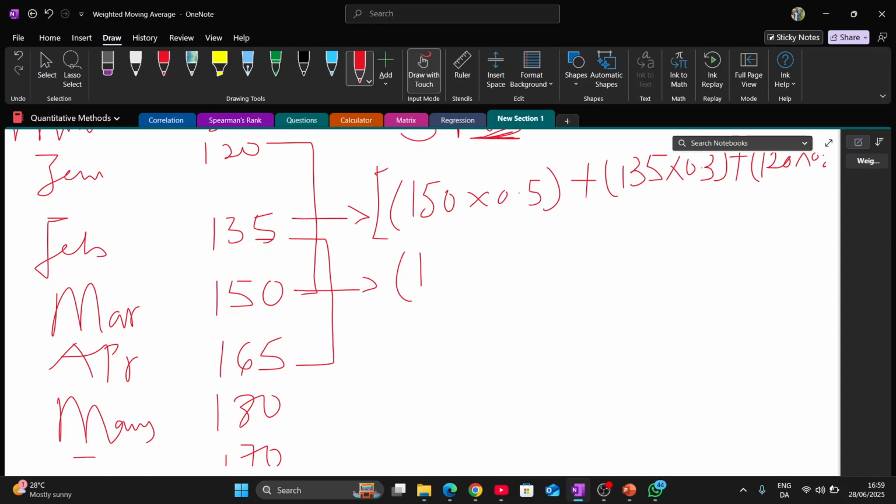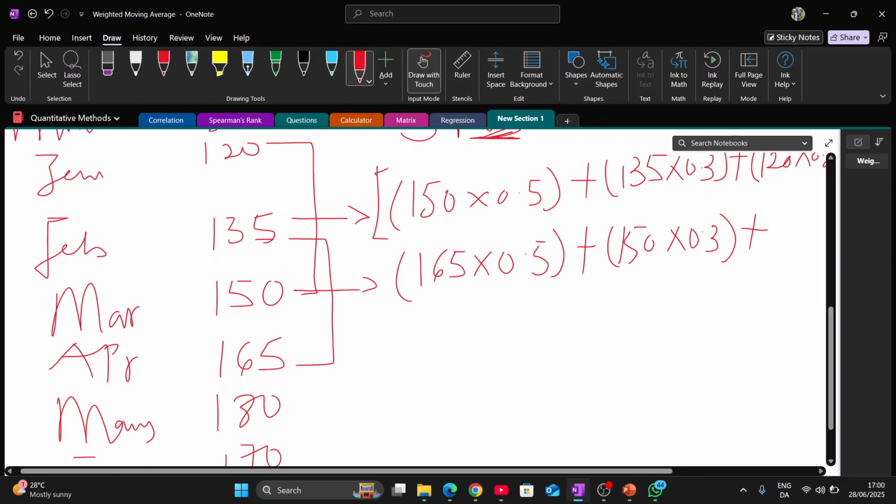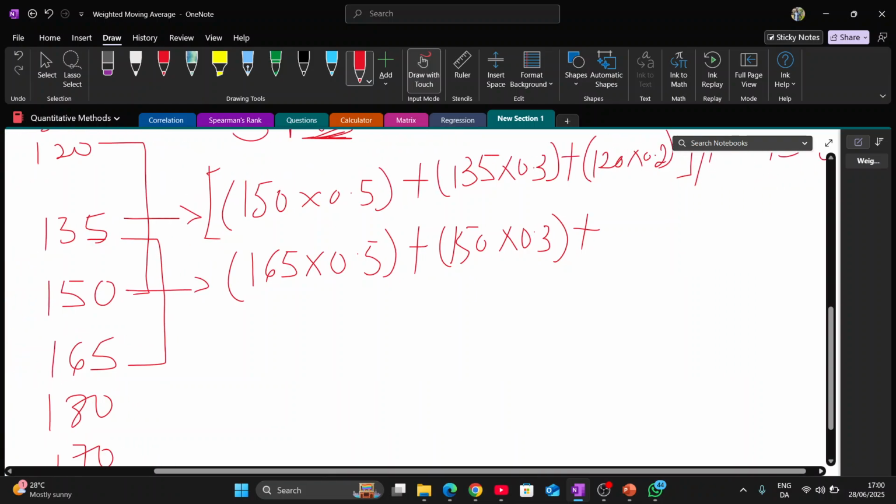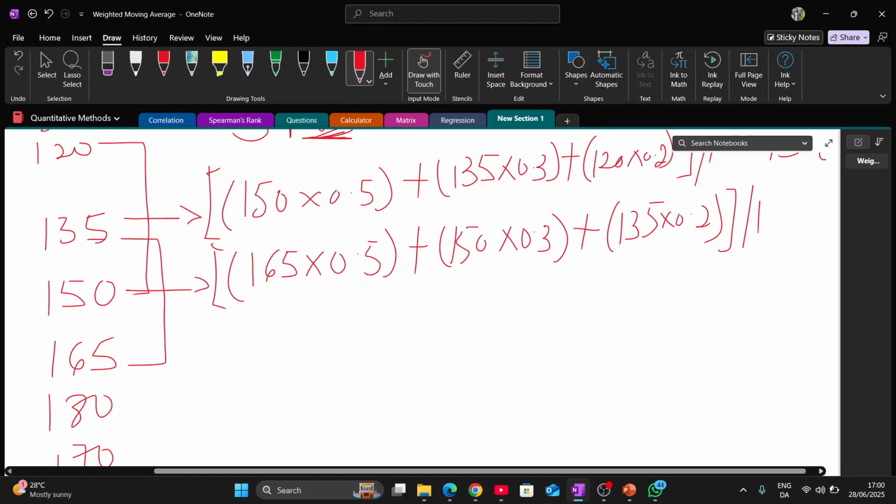So we have 165 times 0.5, plus 150 times 0.3, plus 135 times 0.2, all divided by 1, the summation of the weights.